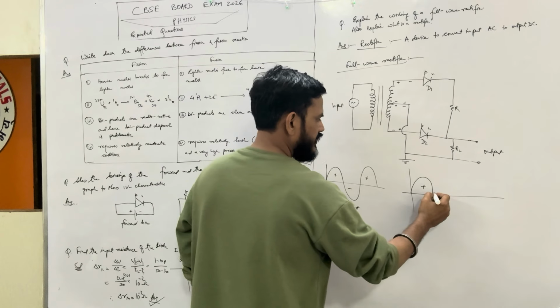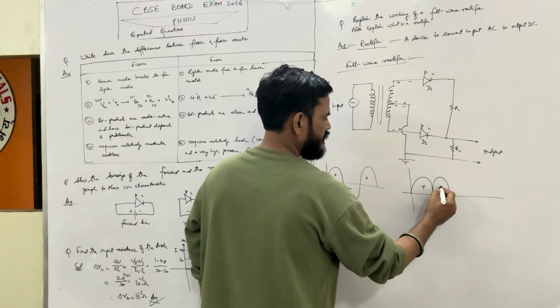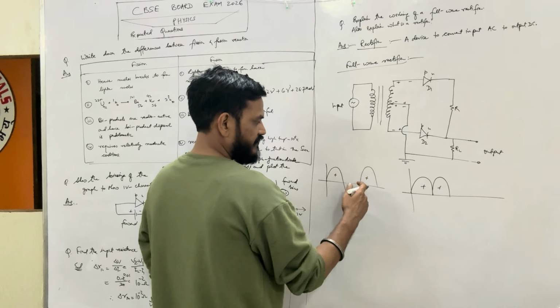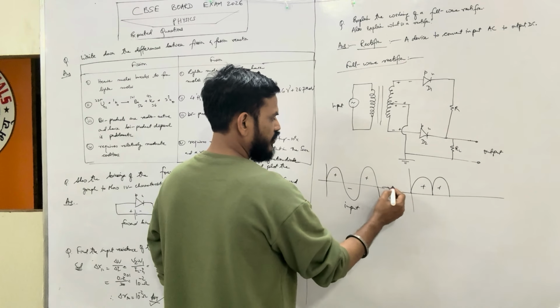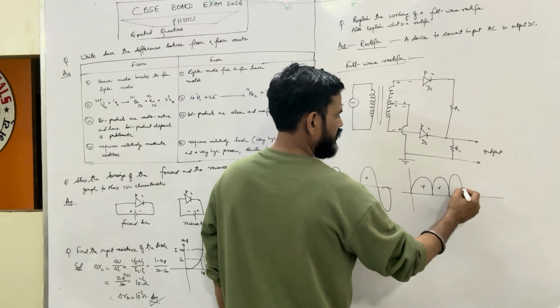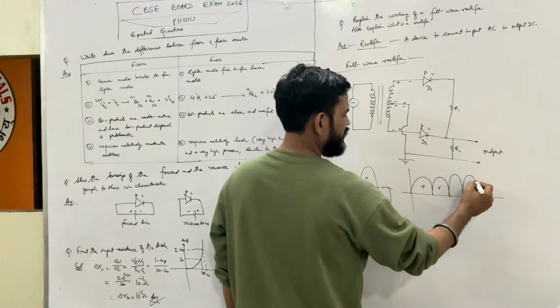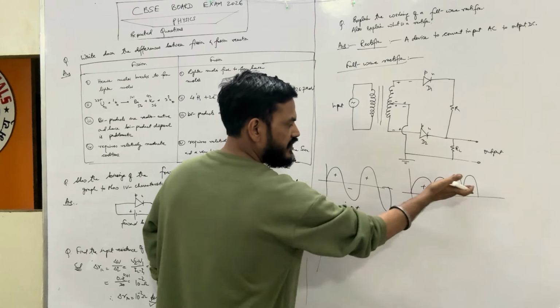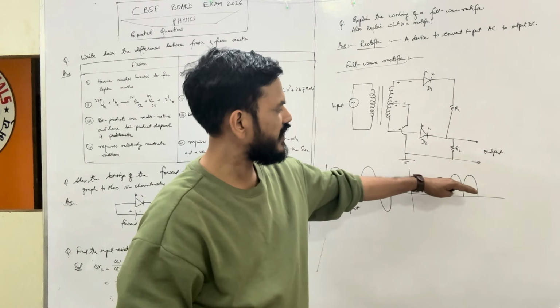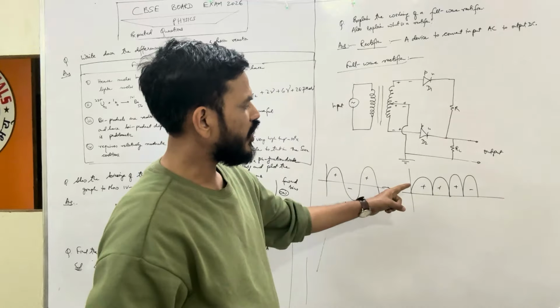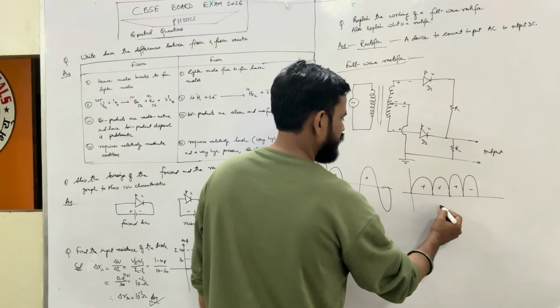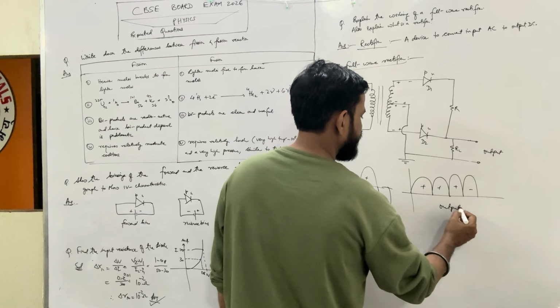So for the negative cycle, the output will again be positive. Then again you get the positive cycle, and for the negative cycle, D2 will conduct. So you get constant positive output. Your output is always positive and it is DC output.